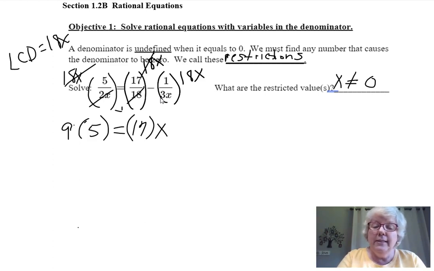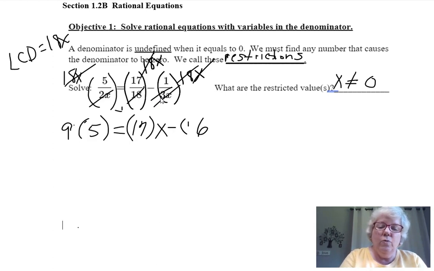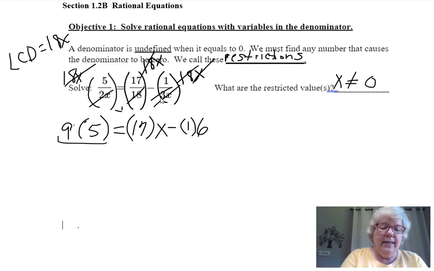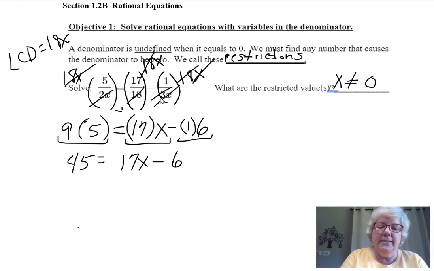And last but not least, in the third fraction, the x's cancel, but 18 divided by 3 is 6. And that leaves my negative 1 times that 6. Now, do you notice all the fractions are gone? Now let's see what we have. 9 times 5 would be 45. 17 times x is simply that, 17x. And negative 1 times 6 is a minus 6.